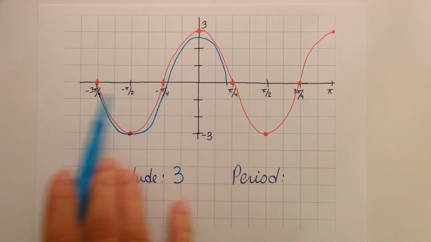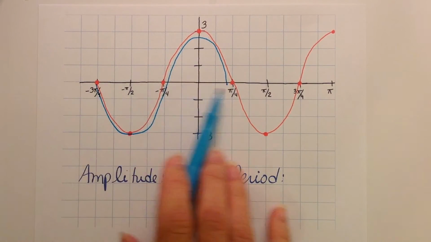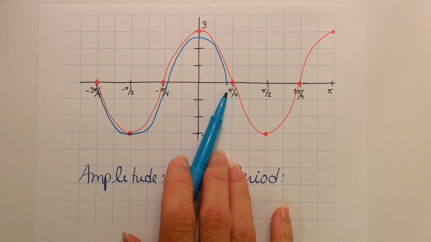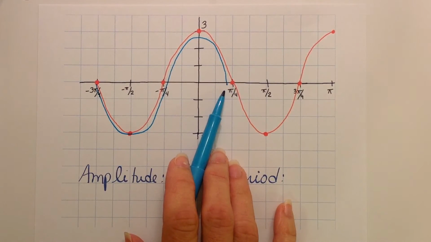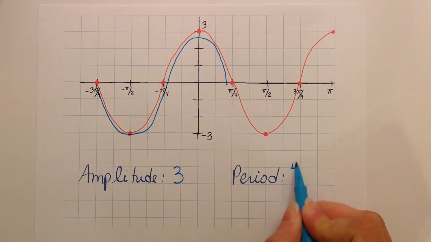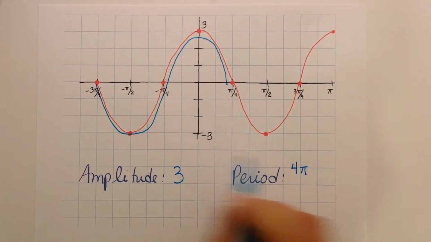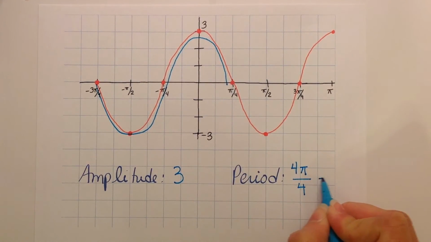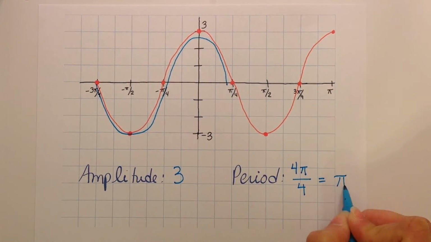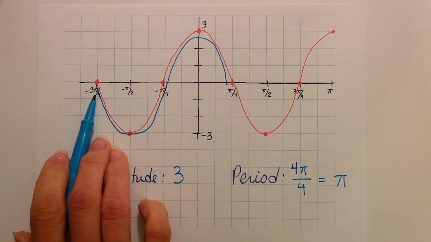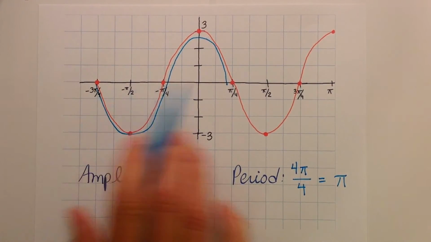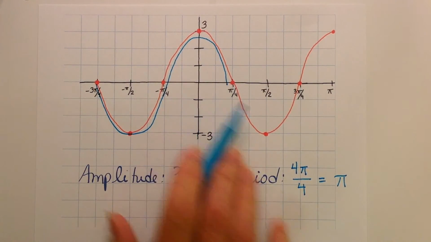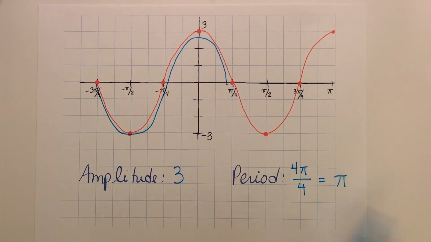So first off, just look at it as -3 to +1. Okay, so -3 to +1 is a distance of 4. So then just put the pi back on the top. And of course, they both had denominators of 4, but that would end up then reducing to be just pi. So the distance from -3 pi over 4 to +1 pi over 4 would be a distance of just pi.